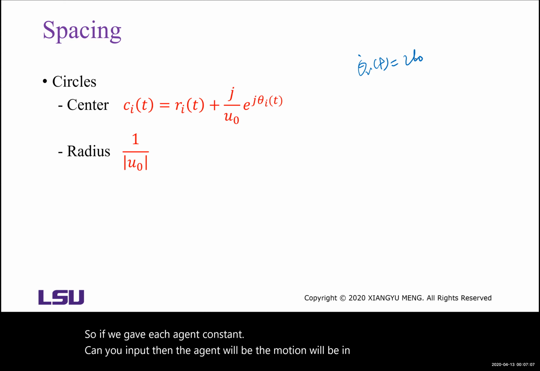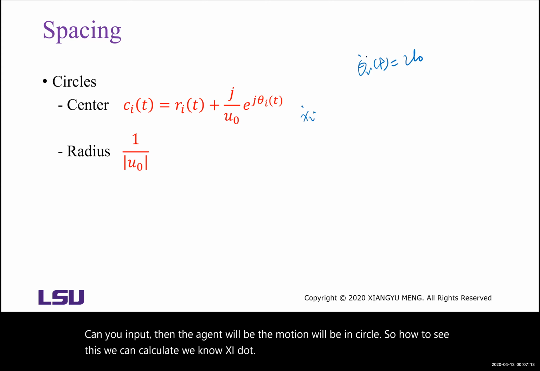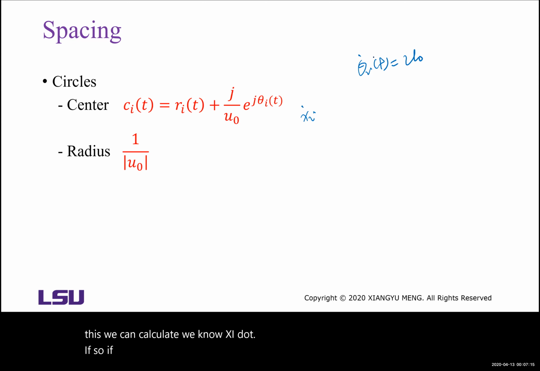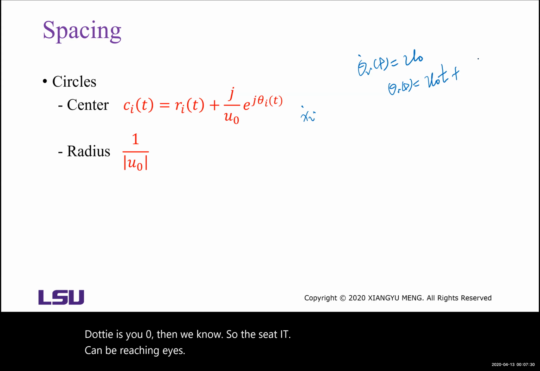How do we see this? We know θi dot is u0, so θi(t) can be written as u0 t plus some constant. Without loss of generality, let's assume the constant is 0.